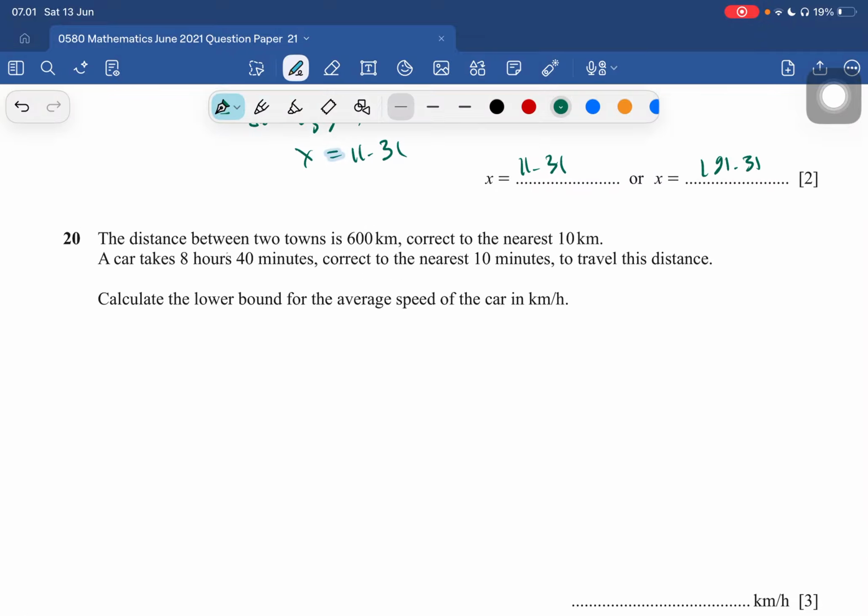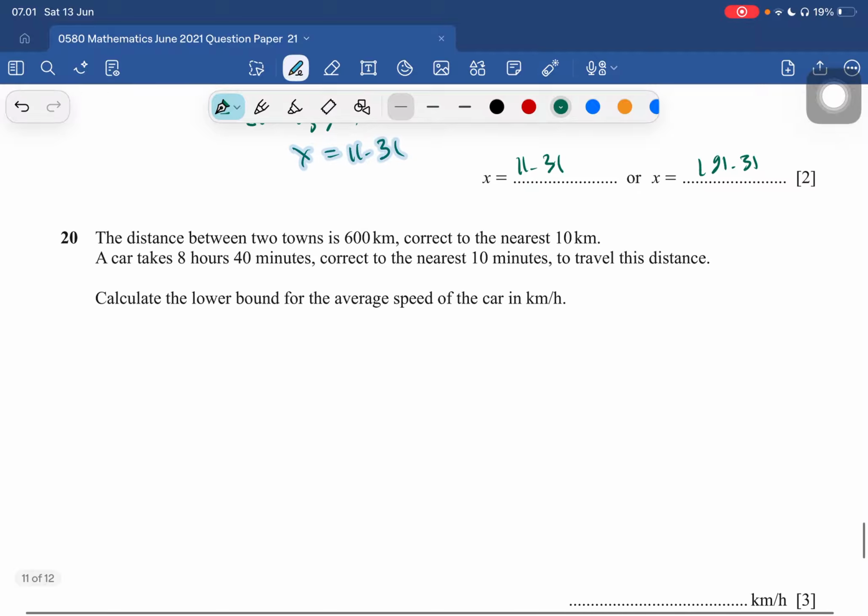Okay, the distance between two towns is 600 kilometers. Here is the first information we got. Okay, calculate the lower bound for the average speed. Okay, 600 kilometers to the nearest 10 kilometers. So 10, we get a half is 5.